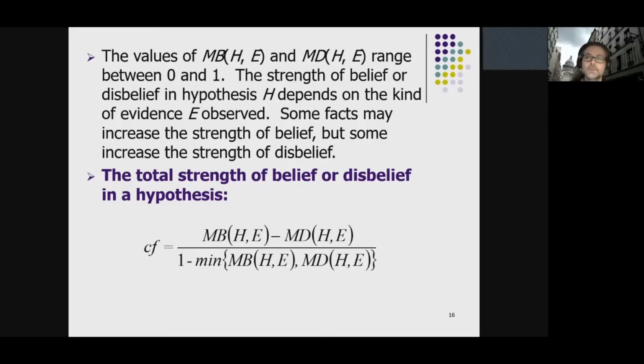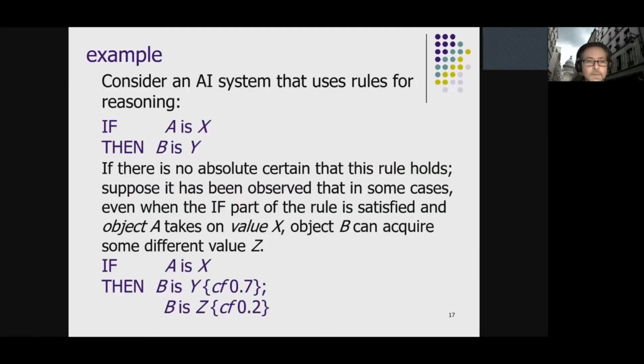So these two metrics, belief and disbelief, are calculated independently, and then all the data are put into this kind of equation to calculate the total strength of belief or disbelief in a particular hypothesis. And this is the CF, the certainty factor that the system is going to use.